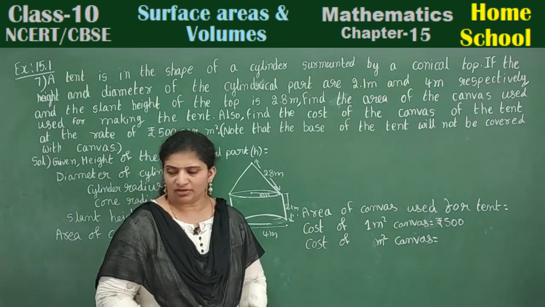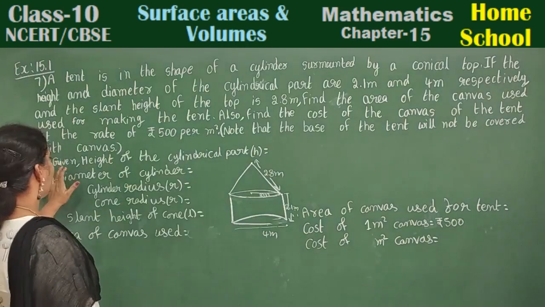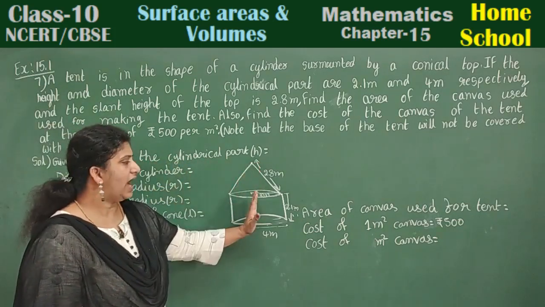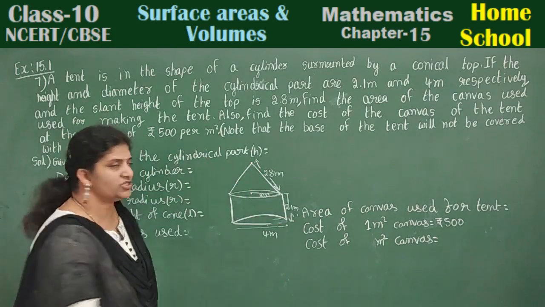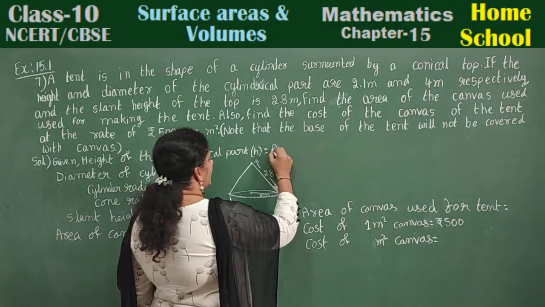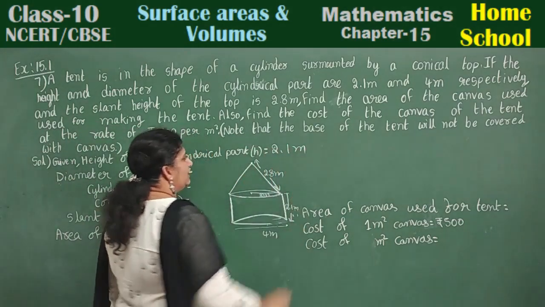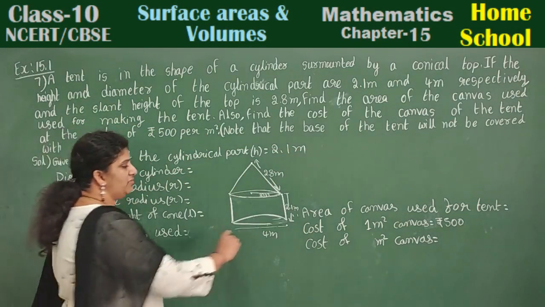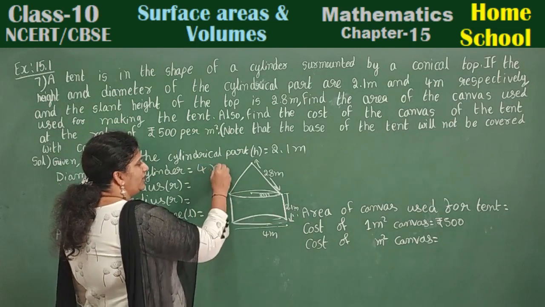Let's start the problem here. Solution. Given height of the cylindrical part, H, is 2.1 meters. And diameter of cylinder, they said 4 meters.